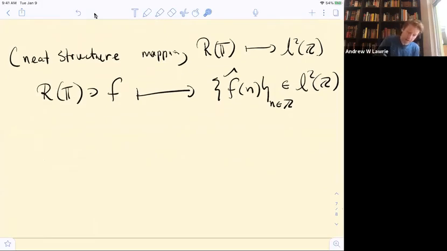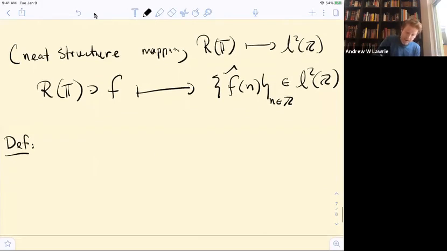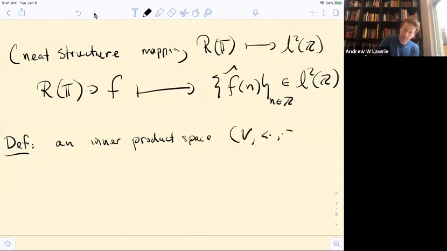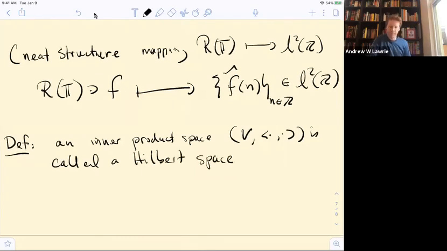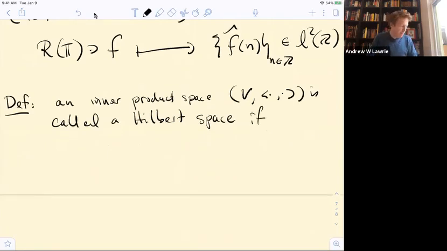Well, let me add one more definition. We say an inner product space V with the inner product is called a Hilbert space if we have two additional properties of the inner product.